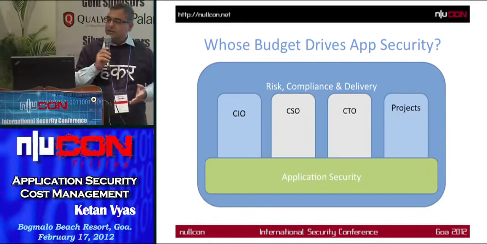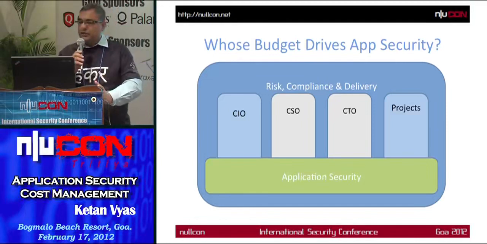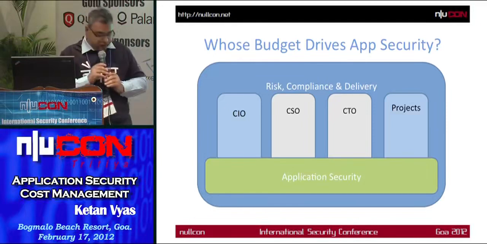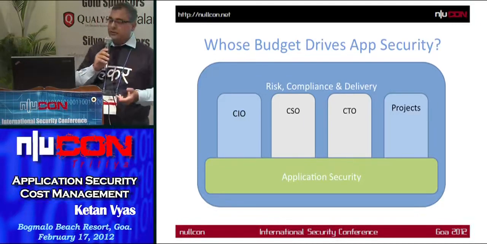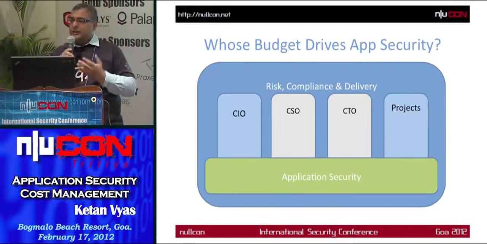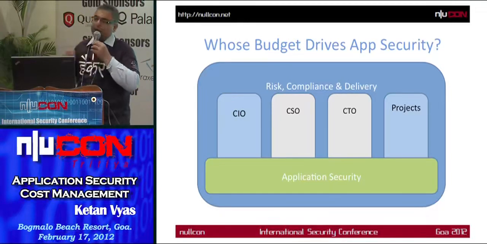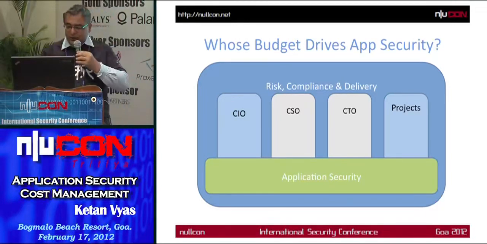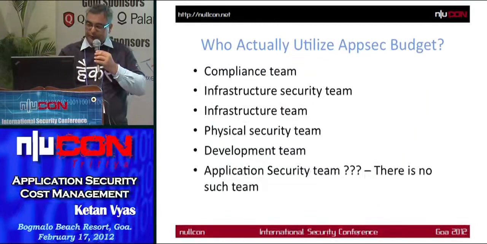If the CTO is investing, his objective would be doing more research on upcoming technologies, so the person may be interested in knowing what goes on when an Android device is connected to the network. And if it's a project's budget, it is purely related to how securely I can deliver an application or build a product. So budgets from different groups actually drive different objectives.